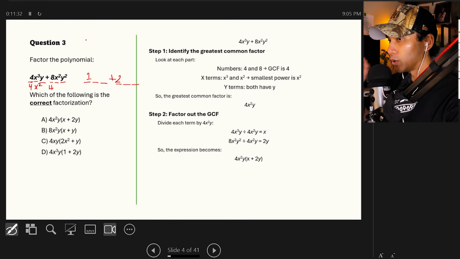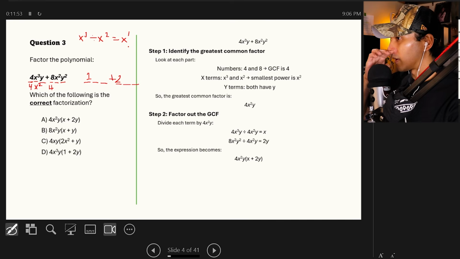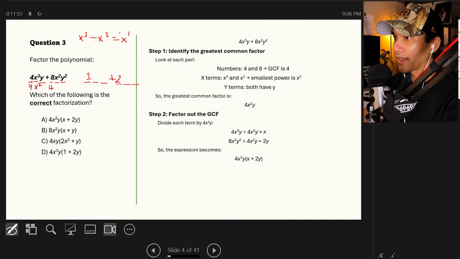Remember, when you divide exponents, you subtract the number up top. So x cubed, that's a 3, divided by x squared equals x to the first power. And that's just x.